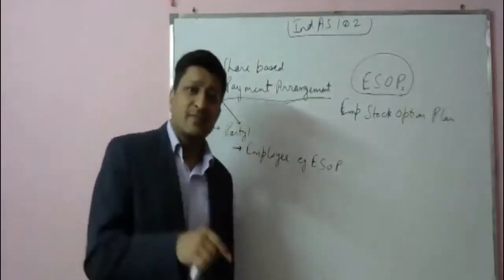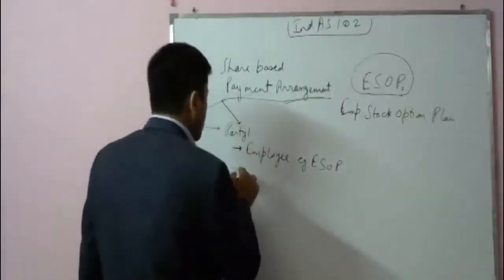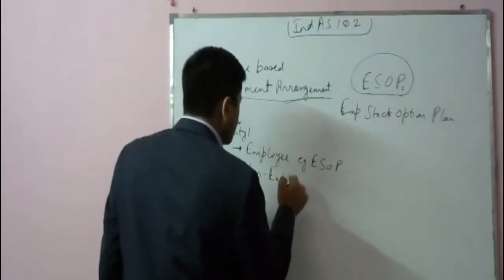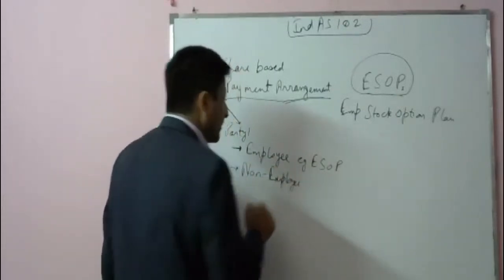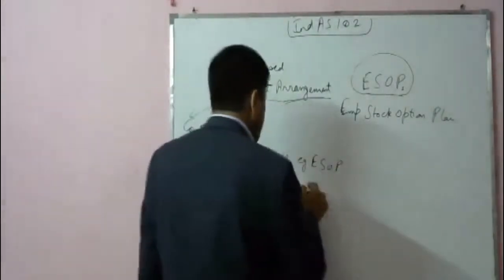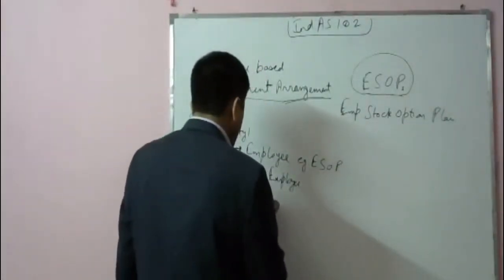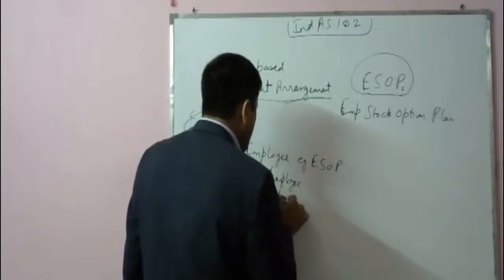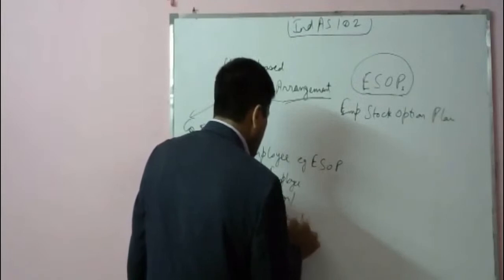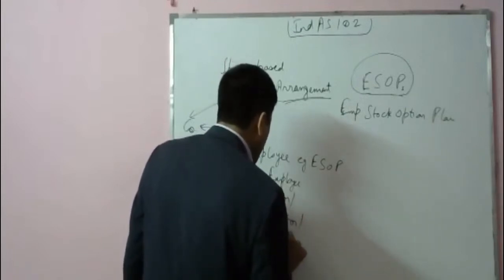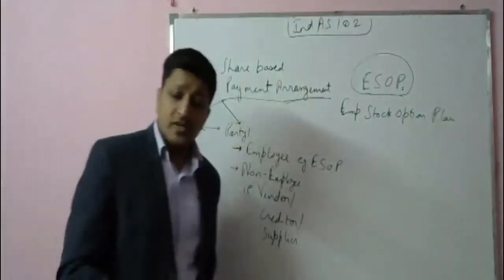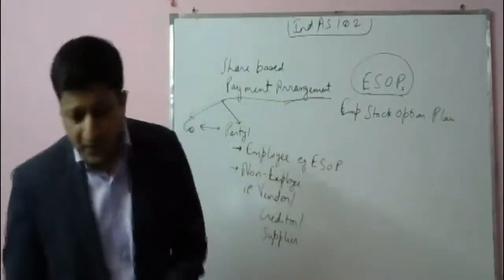That will become a share-based payment arrangement. But at times, it is also possible that this other party is a non-employee. Non-employee means not an employee. For example, it can be a vendor of a company, or a creditor, or a supplier of a company. And you may be thinking, sir, how is it possible? Let's try to understand.